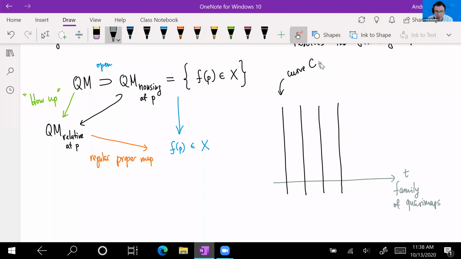And in that family, if I have a point, it means I have a section of that family. This whole thing maps to X. So this is my marked point, called P. So this means we have a section of that family, the marked point.